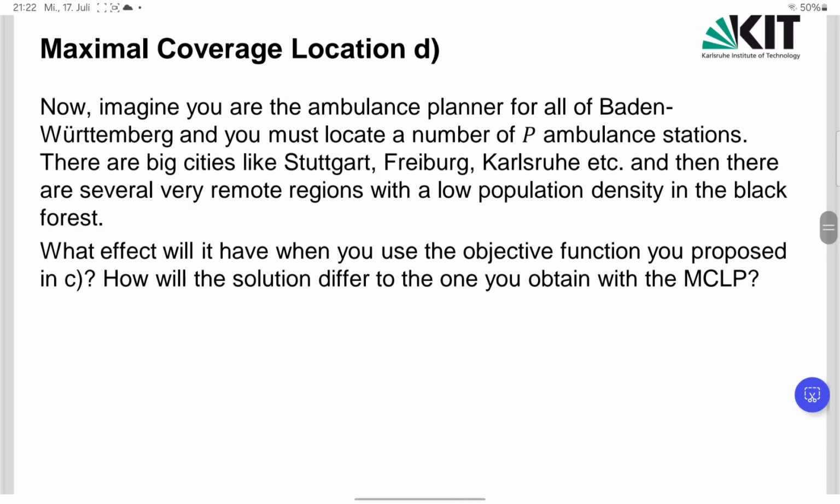How will the solution differ from the one you obtained with a classical maximum coverage location problem? In the first version, the standard maximum covering location problem would give you location A as optimal. But intuitively, or for fairness reasons, you would rather go for B. So what kind of effects does this change have?